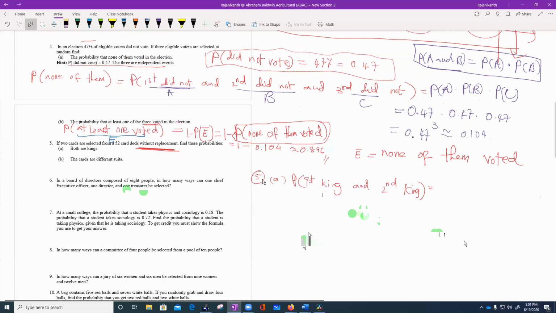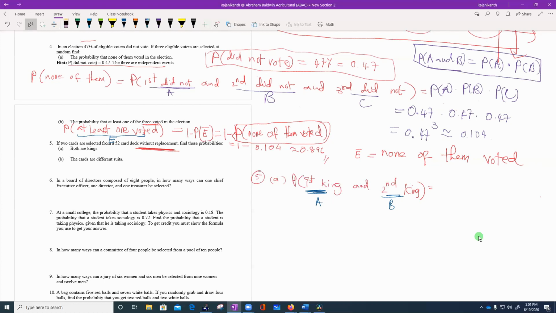Suppose this is my event A and this is my event B, then probability of A and B is P of A times P of B if it is independent. But now we know these two are dependent because you are not putting back the second time. Therefore, the second time answer is definitely going to be affected by the first one.